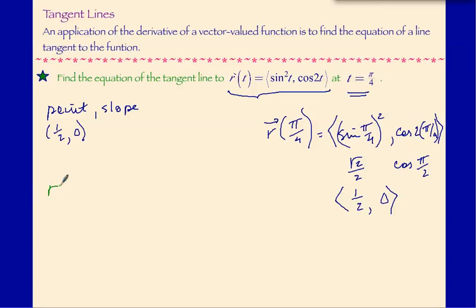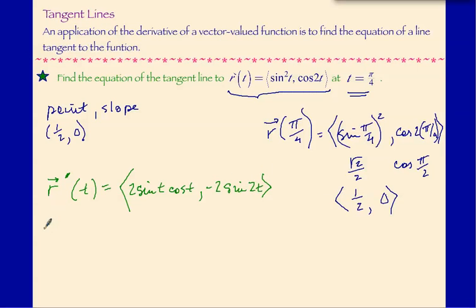So we're going to look for the vector r prime of t. And of course we know that that is just the derivative of each of the component functions. 2 sine t, we would have to use the chain rule here because this is raised to a power. 2 times this function to the 1, times the derivative of that function, cosine t, comma, and then of course the derivative of cosine 2t is negative sine 2t times 2, so that's negative 2 sine 2t.